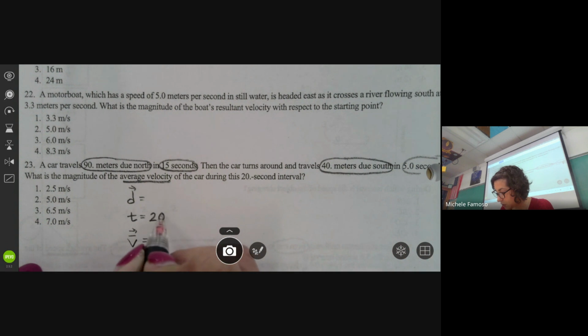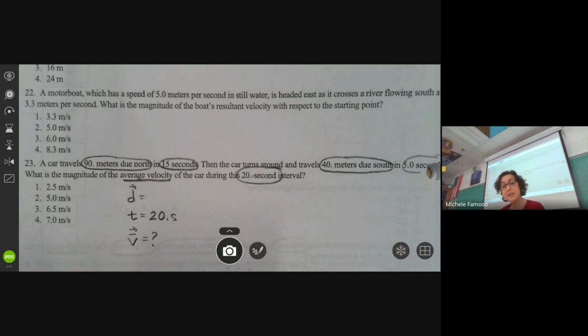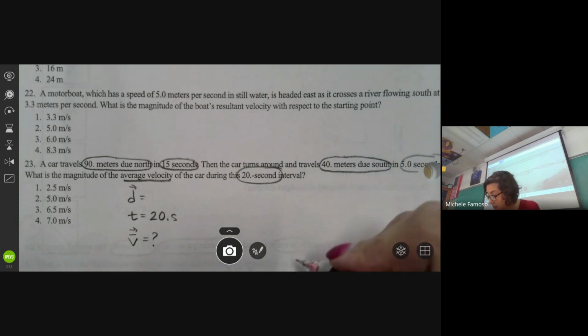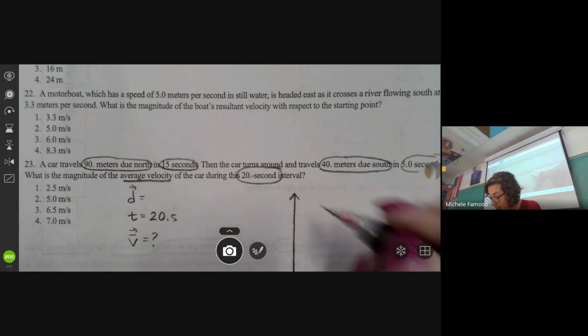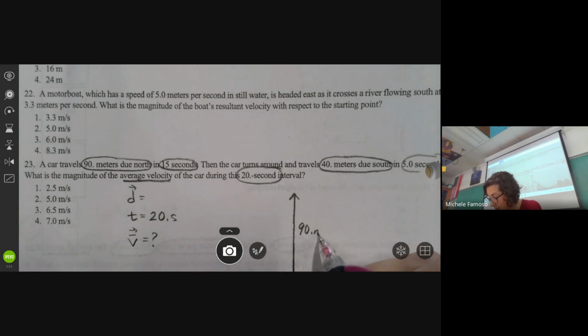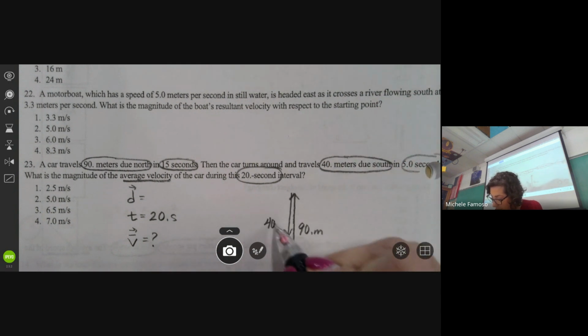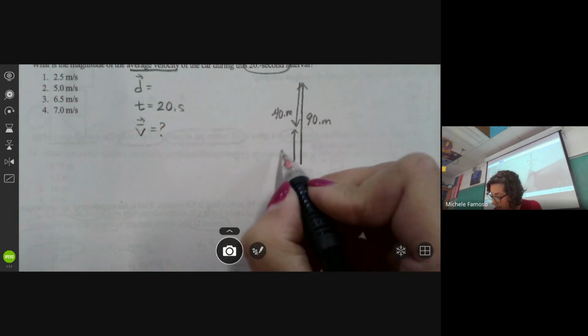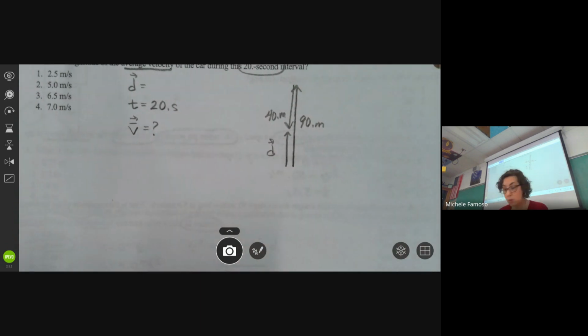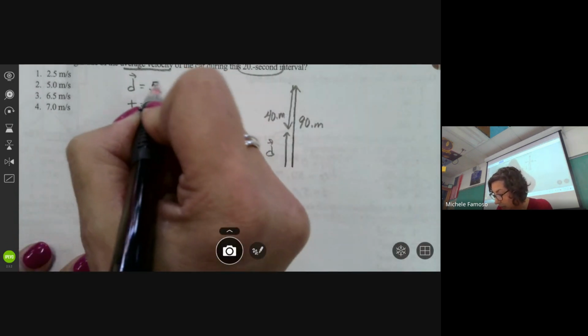The time is 20 seconds. That's how much total time. To get the displacement, I'm going to make a sketch. We're going 90 meters to the north, and then we have to turn around and come back 40 meters to the south. The displacement is that arrow right there. What is the displacement? It's 50 meters to the north.